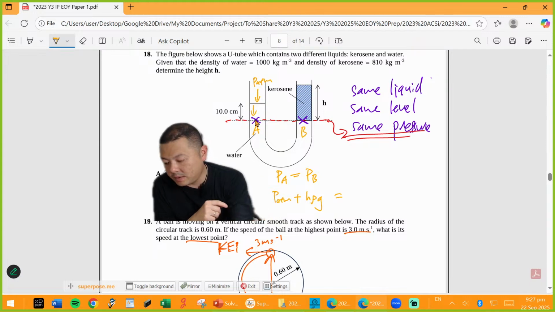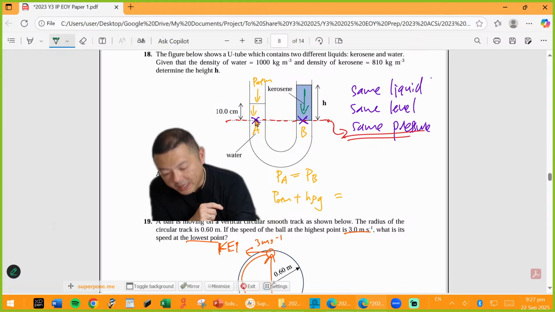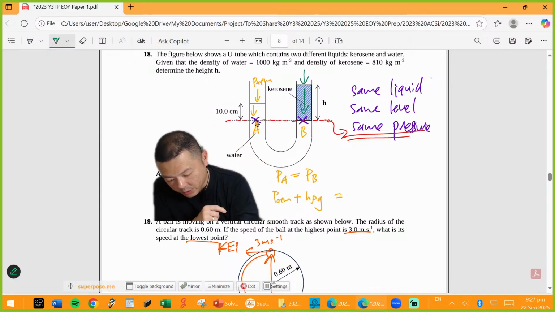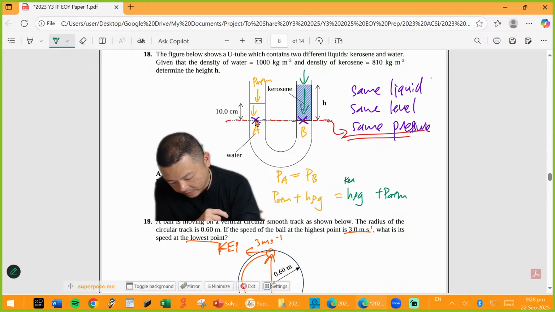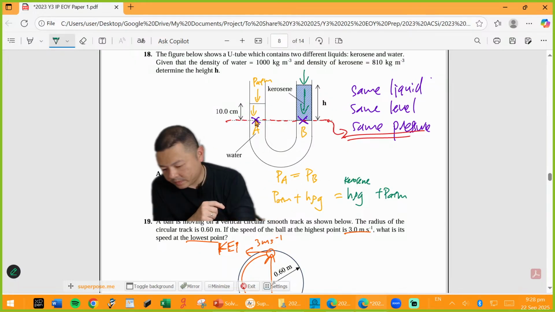So the other side is B, I'll use a different color. It will be the H rho G of kerosene and atmospheric pressure. So on the other side will be atmospheric pressure and H rho G of kerosene. This one is kerosene, this one is water.